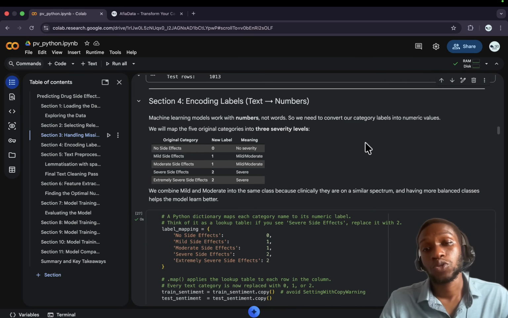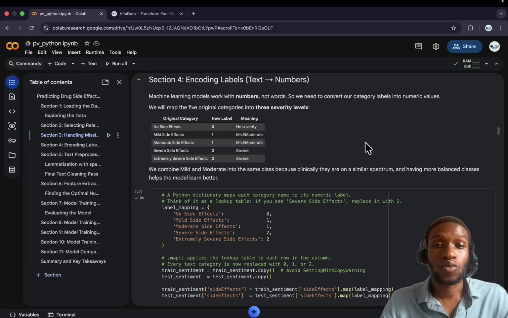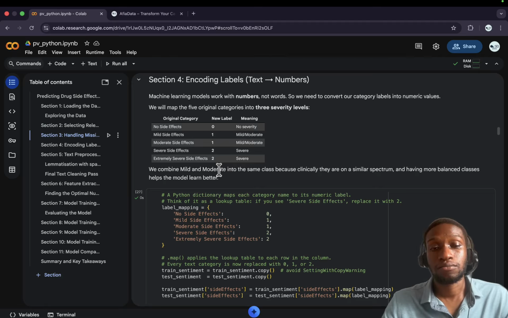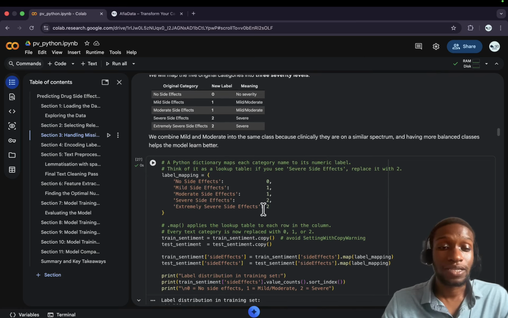To begin with, we take the side effects column and turn the category into numeric labels so that the machine can use them to predict. Our categories consisted of side effects, no side effects, mild, moderate, severe, and extreme, and we represent these with numbers so that we can predict them.